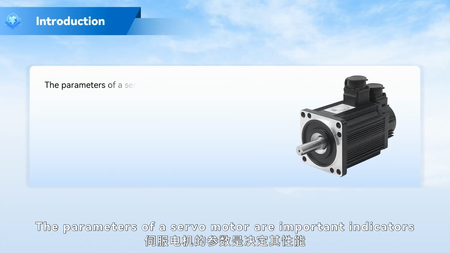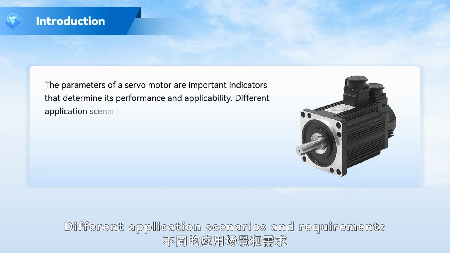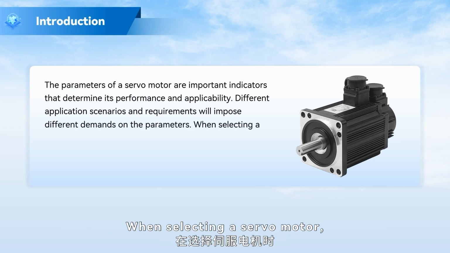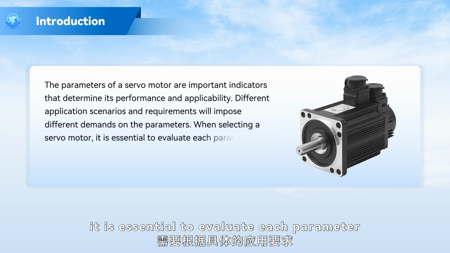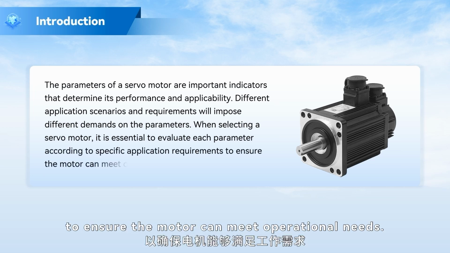The parameters of a servo motor are important indicators that determine its performance and applicability. Different application scenarios and requirements will impose different demands on the parameters. When selecting a servo motor, it is essential to evaluate each parameter according to specific application requirements to ensure the motor can meet operational needs.